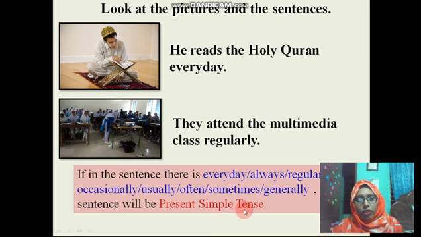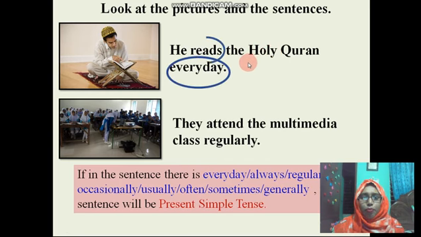Notice, dear students, if there is any word among these words, every day, always, regularly, occasionally, usually, often, sometimes, generally, একটা ওয়ার্ডও যদি থাকে এগুলোর মধ্যে যে কোনো একটা, then the sentence will be present simple tense. You see here, he reads the Holy Quran every day. Here every day is present.